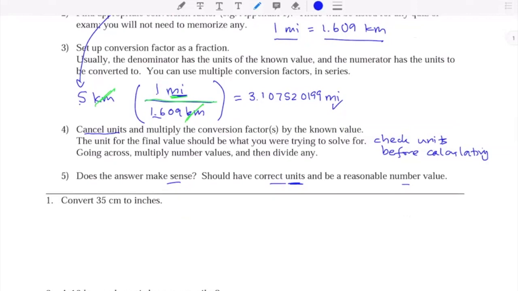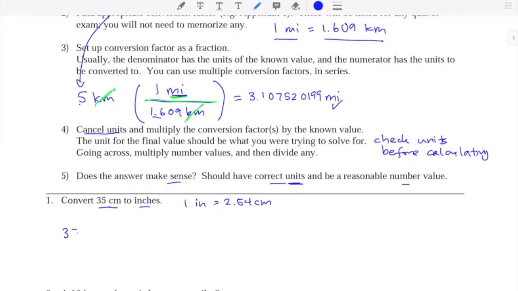It's 35 centimeters converted to inches. We can find a conversion factor from above. What we've used before is 1 inch equals 2.54 centimeters. So you want to write the equality, write the conversion factor, and then use this to convert this number, 35 cm.